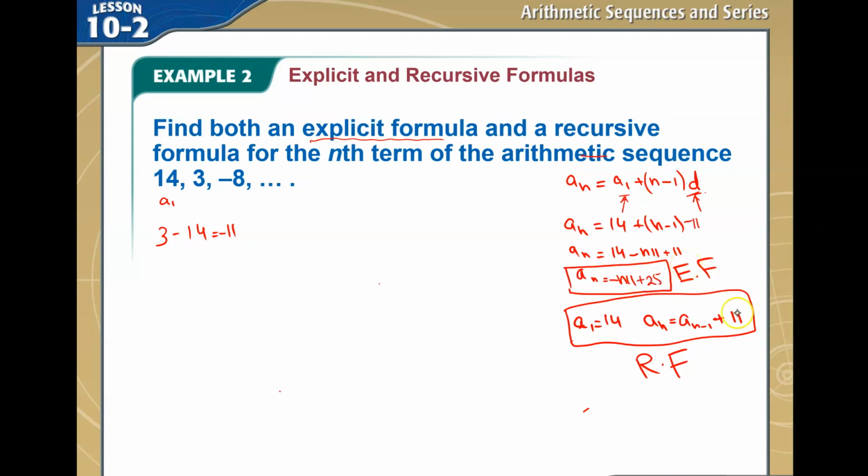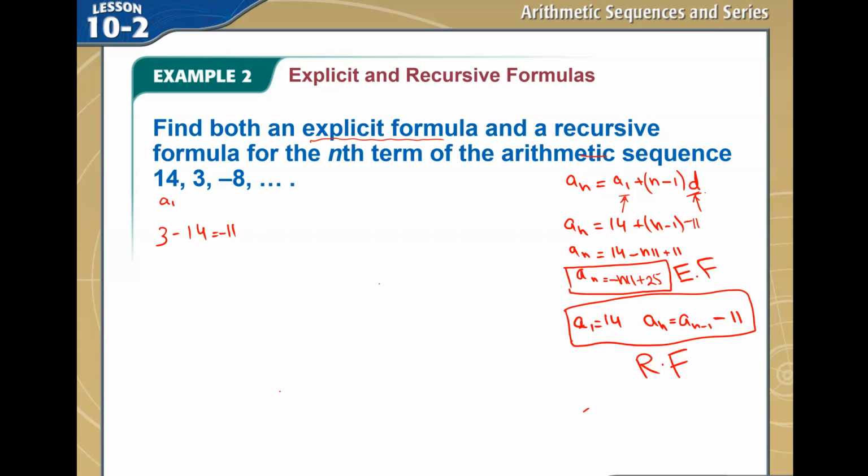And now the recursive formula is: first you write down the a1 term, and then you write an equals the previous term plus the common difference, but the common difference is negative, so it is this one. Okay, so this is the correct answer.